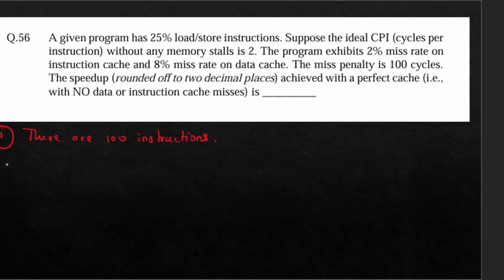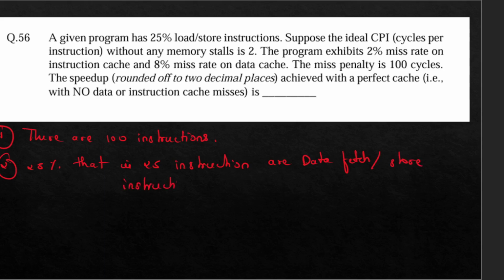Now the second thing they have given is 25%, that is 25 instructions, which are data fetch, or we can say load store instructions, and these come from the data cache.